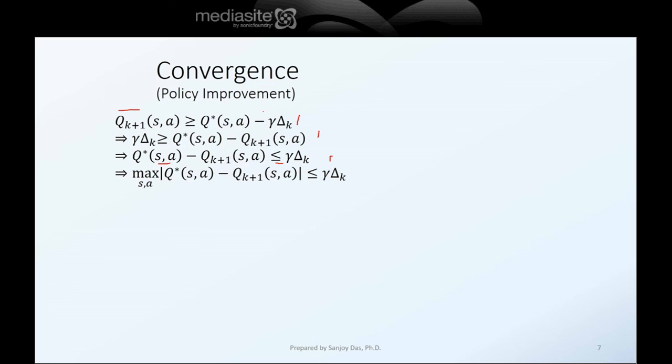So max of the absolute value of Q star minus QK plus 1 is always less than or equal to gamma times delta K. And the left hand side is the definition of delta K plus 1. So we just proved that delta K plus 1 is less than or equal to gamma delta K. Proved.